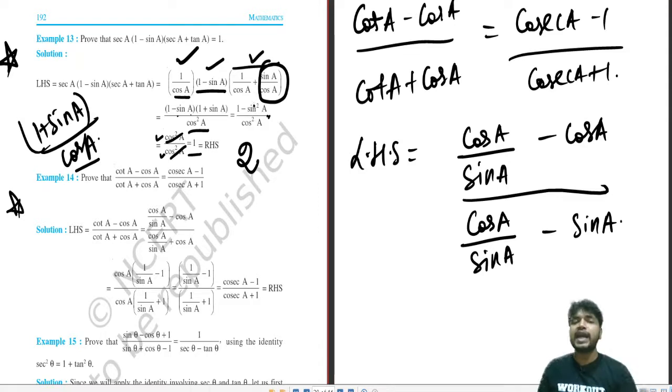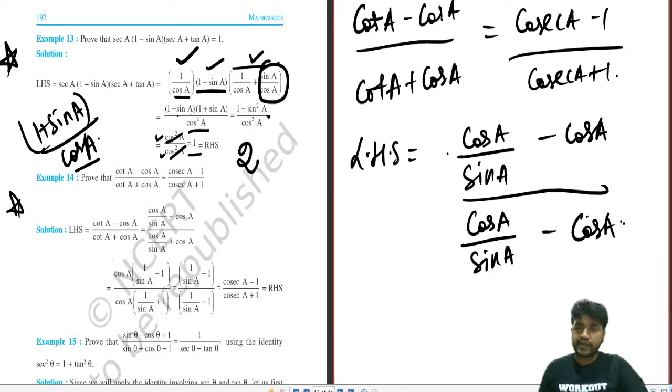They say to always open tan A in the form of sin A by cos A and cot A in the form of cos A by sin A, because that is a very basic step. So you should open it. If it is not required, you should not open it. Like in the last sum, I solved it without opening it. You can solve it with opening it. Okay, sorry. Moving on, I think I've written something wrong. This will be cos A.